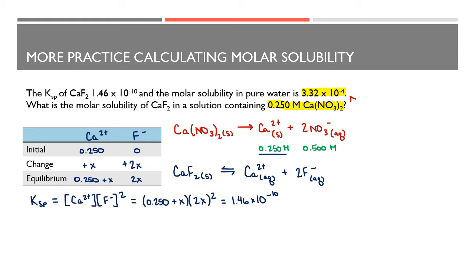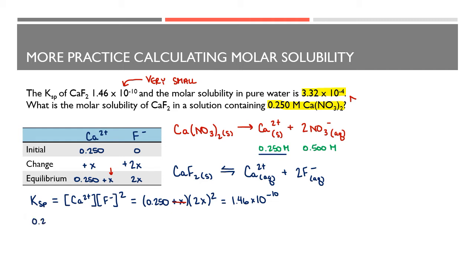Now, one thing we can do here is we can assume that the X is very, very small because the KSP is very, very small. And if that X is very small, then if we're adding it or subtracting it from something, then it doesn't really do anything to that original number. So 0.250 plus a very, very small number is pretty much just going to be 0.250.